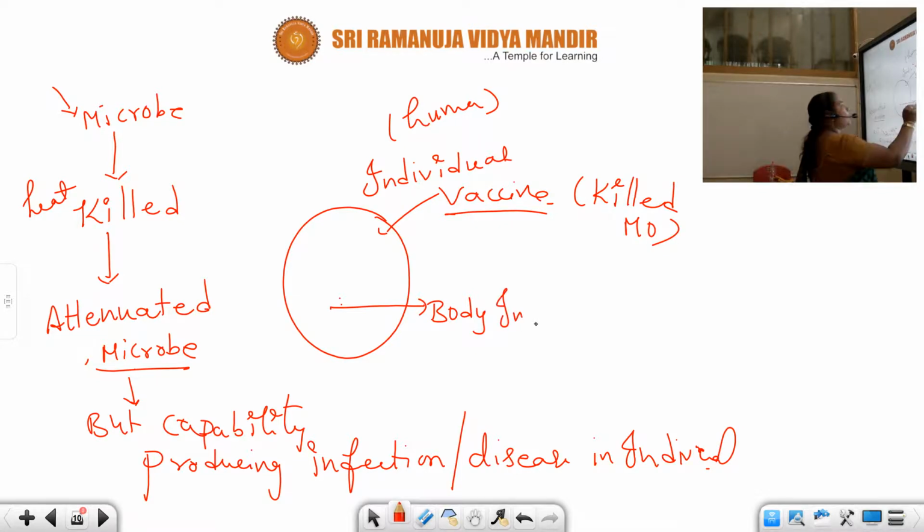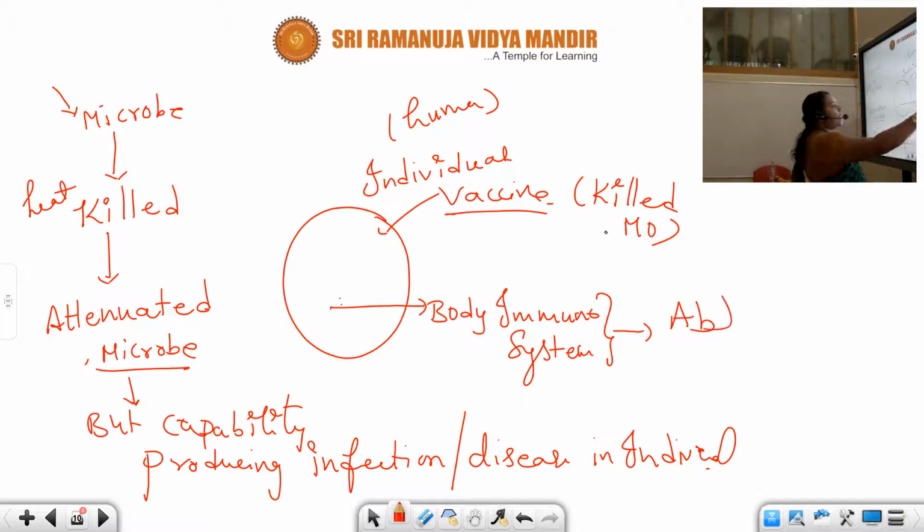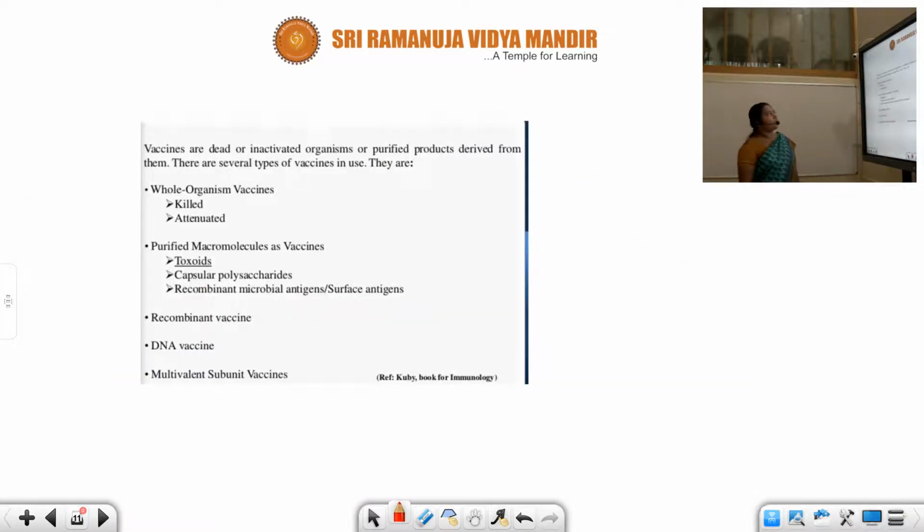The immune system responds very immediately and starts producing antibodies against this vaccine, so that the heat killed microorganism is suppressed by the antibody activity of the individual. This is the type of action that takes place.